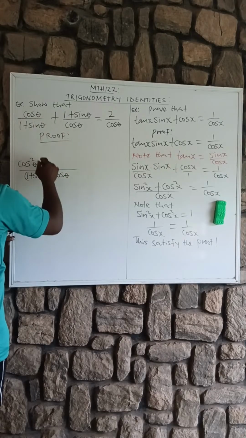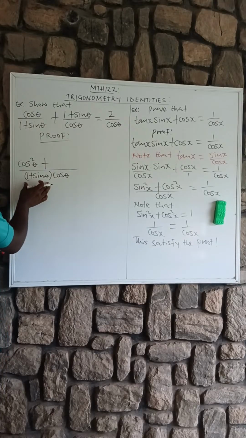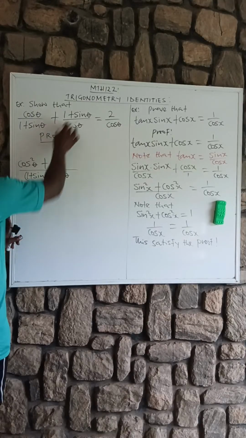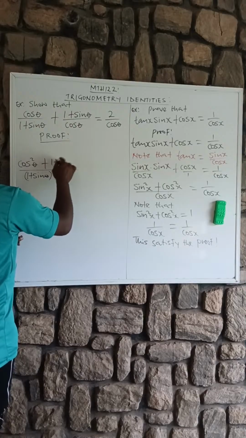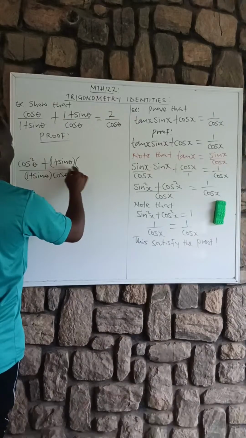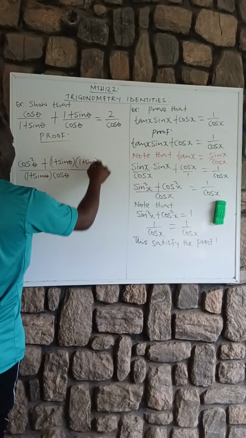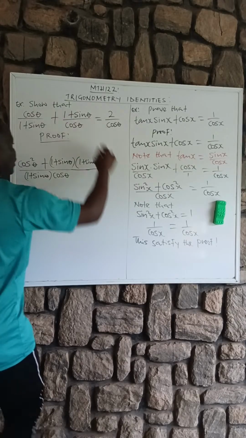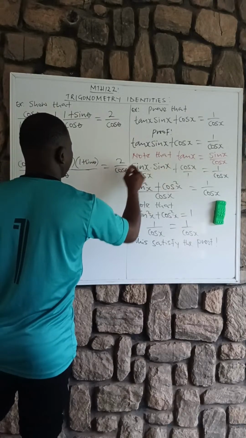Now what we have here, plus. This divide this, will be left with what? 1 plus sin theta, then times this. So it means this is what we have, 1 plus sin theta times 1 plus sin theta. Hope I'm right. This is equals to 2 all over cos theta.